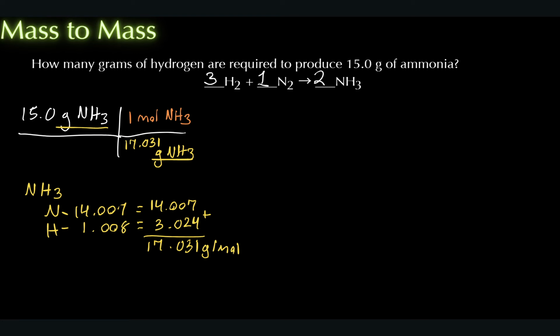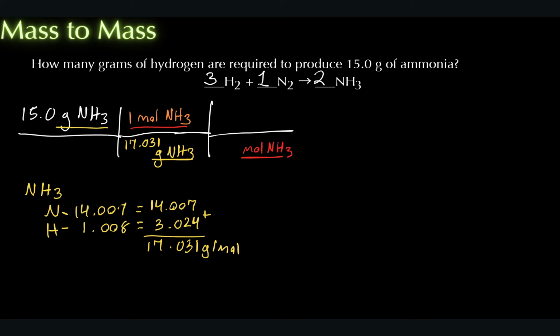Not quite finished with our setup yet. We'll go ahead and expand. We have a mole of NH3 on top. We know our mole of NH3 will come down on the diagonal. Now, at this step, we are converting from our NH3 to our H2.